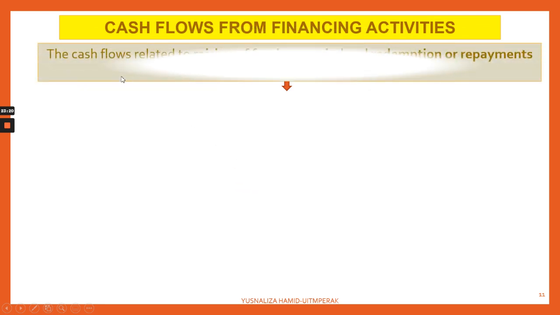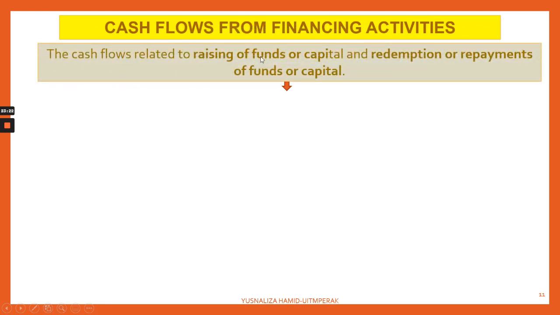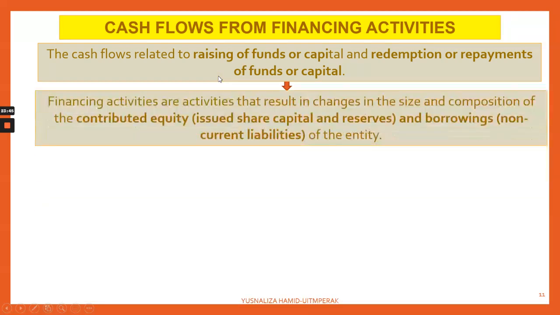Cash flow from financing activities: the cash flow related to raising of funds or capital. So this is how we fund our company, maybe through issue of shares or sometimes through our sources of finance, like through our liabilities. That is how we raise funds, as well as how we make payment or do redemption of that fund or capital.